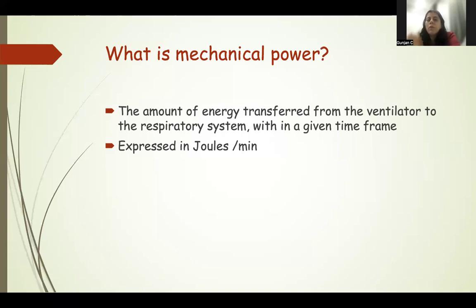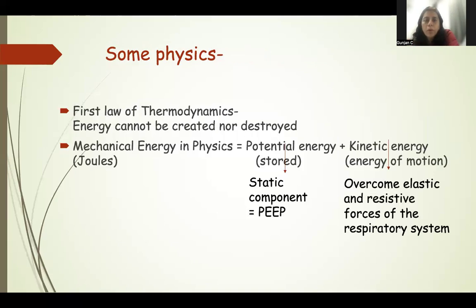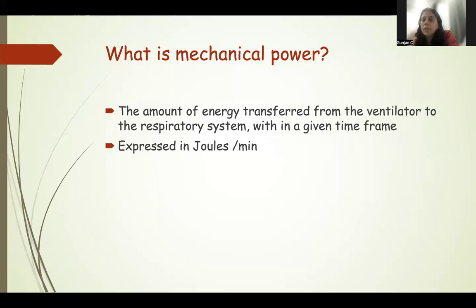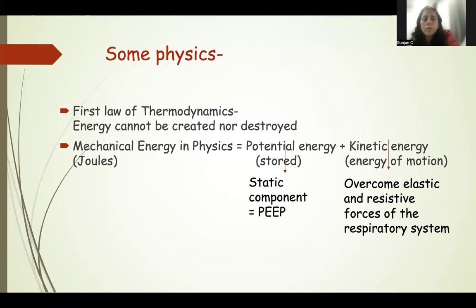That is called the power. It is expressed as joules per minute. It is within a time frame. Okay, this is just the basic definition. I am not expecting you to understand anything by this definition. I will try to break down this definition into multiple components so that you understand what it is.